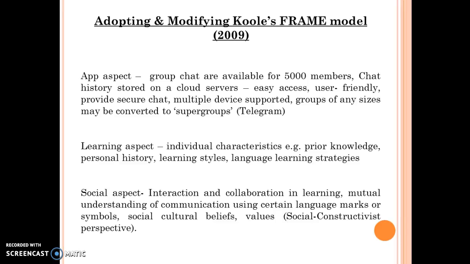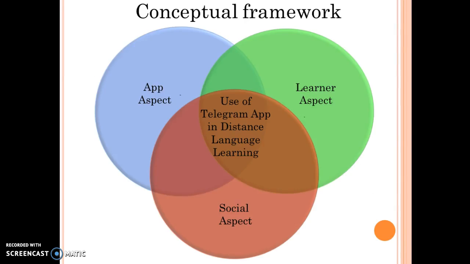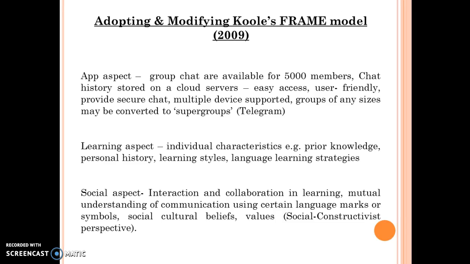As I said before, Cole's frame model reflects a social constructivist perspective. So my model will also reflect a social constructivist perspective as I adopt Cole's frame model, and I think social constructivism is really helpful to provide a very strong root in my study, because it really explains my framework, especially the social learning aspect.